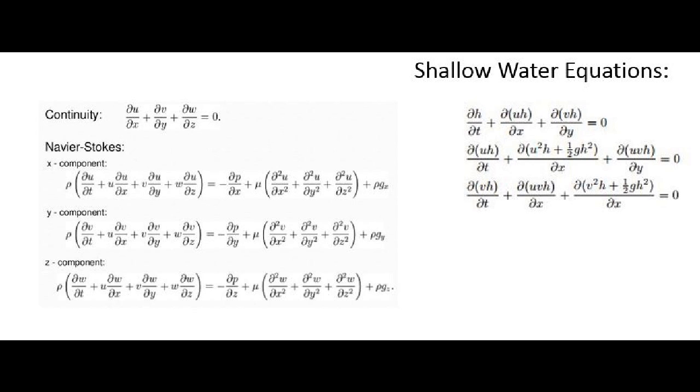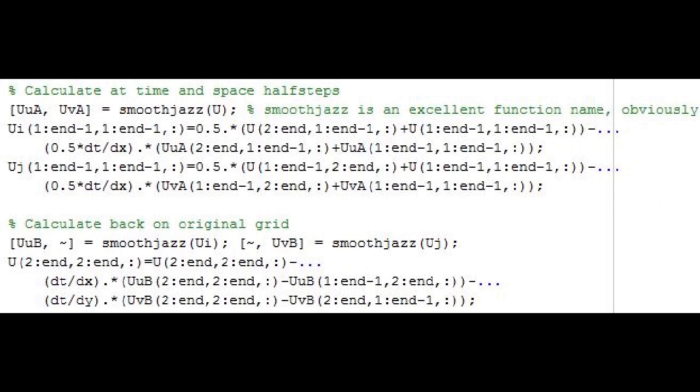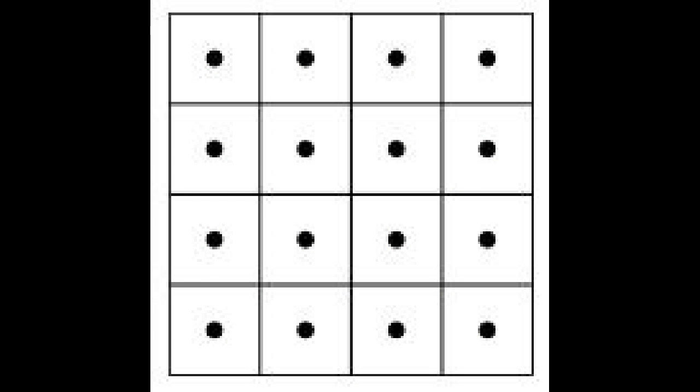Because the shallow water equations are hyperbolic partial differential equations, a second-order accurate Lax-Wendroff scheme was used to numerically evaluate them. The two-step Richtmyer method was used here. First, it uses a forward difference to evaluate the equations at half a step forward in time on a staggered grid, offset from the original grid such that the original points being evaluated lie at the center of the staggered grid cells.